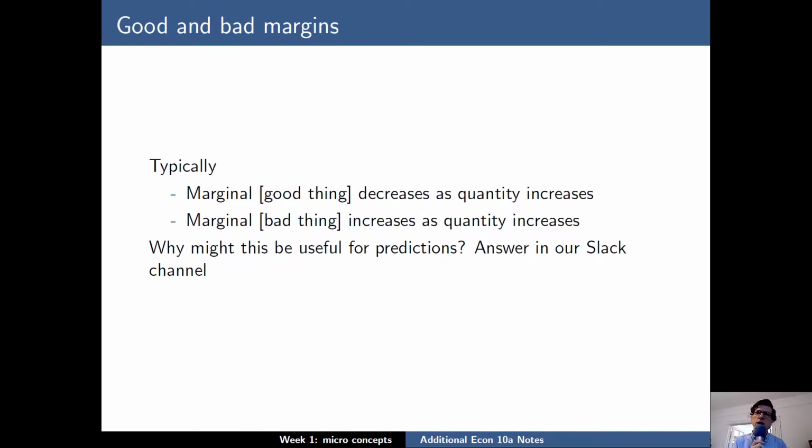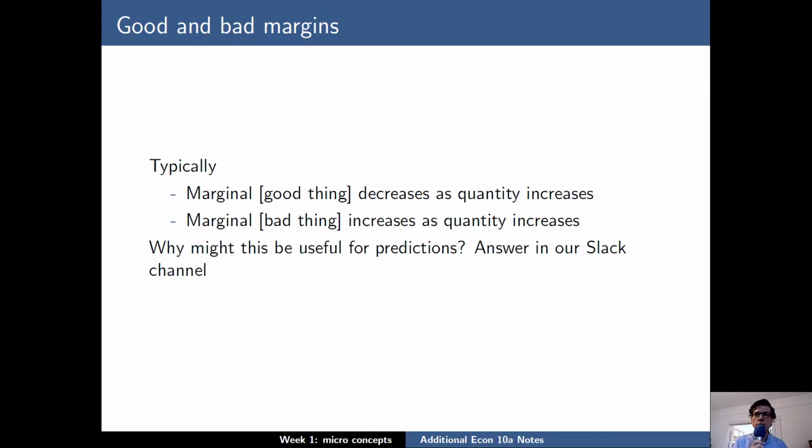Staying with margins, I want to share with you an empirical regularity: typically the marginal benefit of an item decreases as the quantity of that item increases. So for a marginal good term, like marginal profit, it tends to decrease as quantity increases.